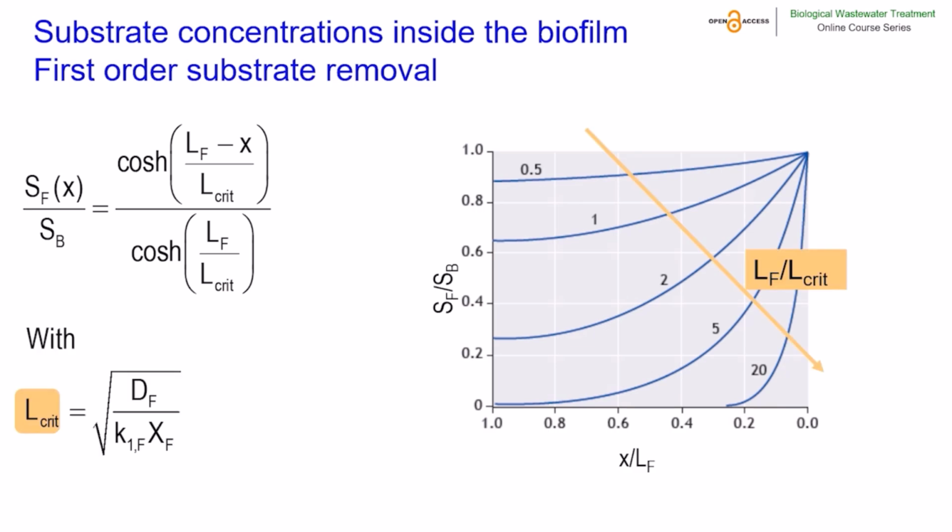LF over L crit increases with increasing biofilm thickness, with increasing biofilm biomass density, with increasing rate constant, and with decreasing diffusion constants. As we can see in the plot, with increasing values of LF over L crit, substrate can penetrate the biofilm less and less.